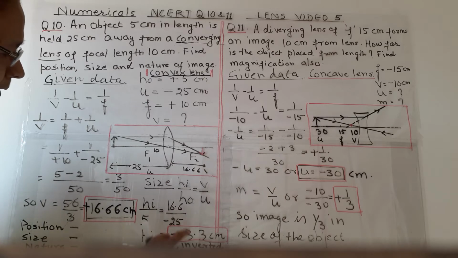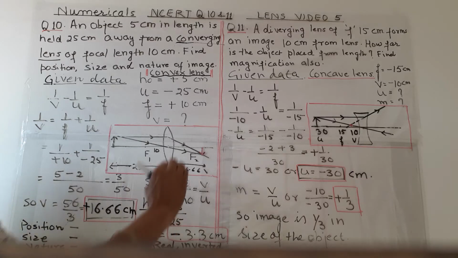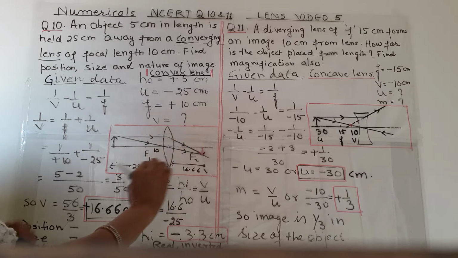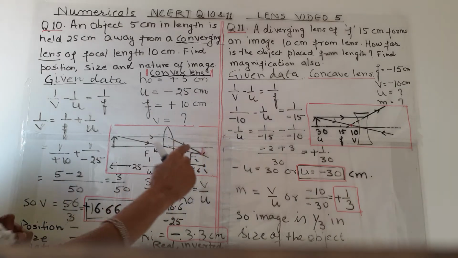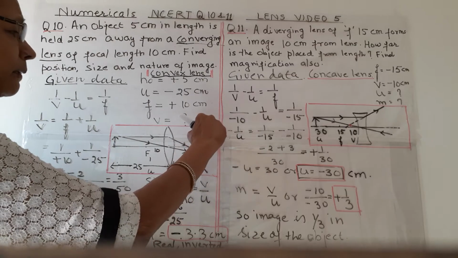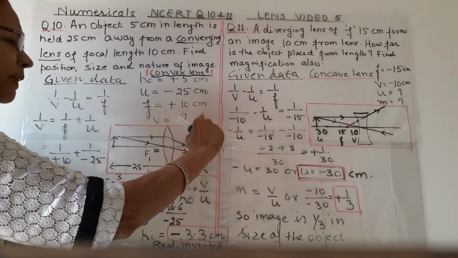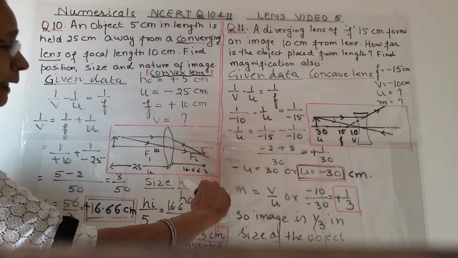Now what does this minus sign represent? This minus sign represents that the image is below the principal axis. You know, when we are doing sign convention, the upside above the principal axis is positive side and below the principal axis is negative side.